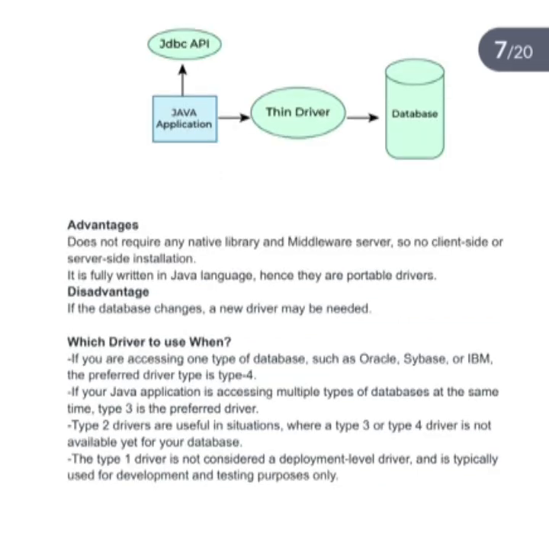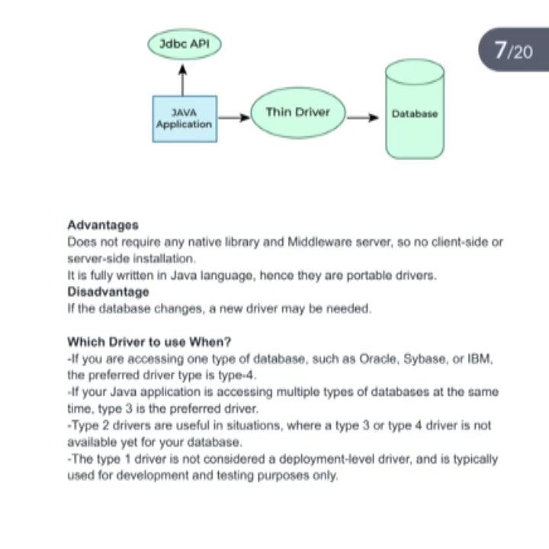So which driver to use when? Let us understand which particular driver to use when. If you are accessing one type of database such as Oracle, Sybase or IBM, the preferred driver type is type 4. If your Java application is accessing multiple types of databases at the same time, type 3 is the preferred driver.